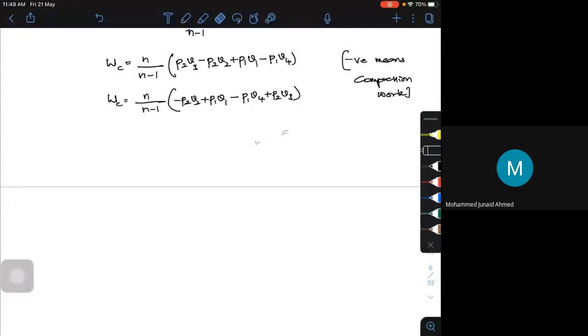If I take minus outside, this will be minus of n by n minus 1. Okay, I should have written P2 V2 minus P1 V1, then I should have written minus, okay, minus P2 V3, then plus P1 V4.